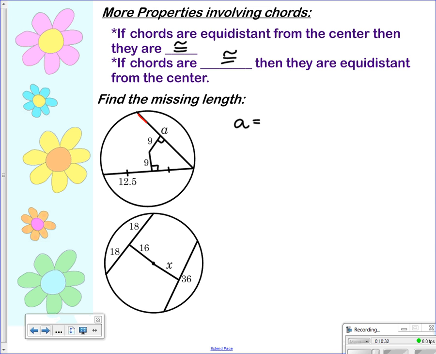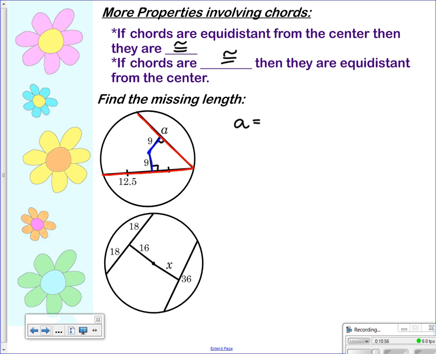I'll put them in red. Here's a chord, and here's a chord. Are they equidistant from the center? Yeah, they are. They are 9 units from the center. So since we know they're the same distance from the center, what do we know about the chords?